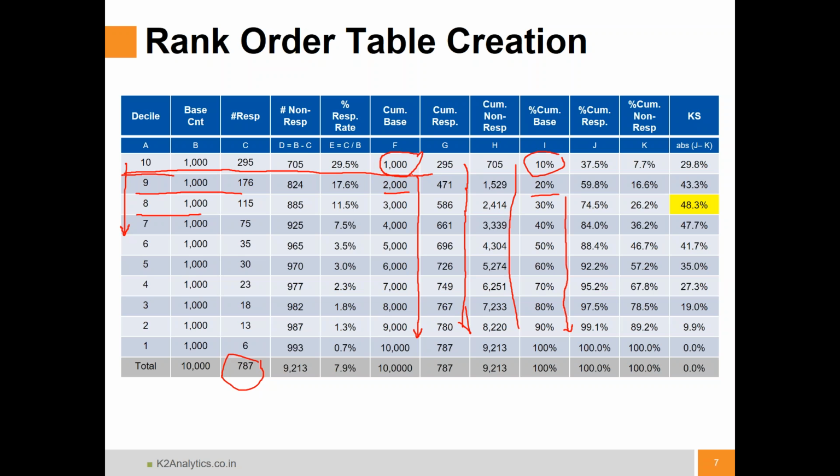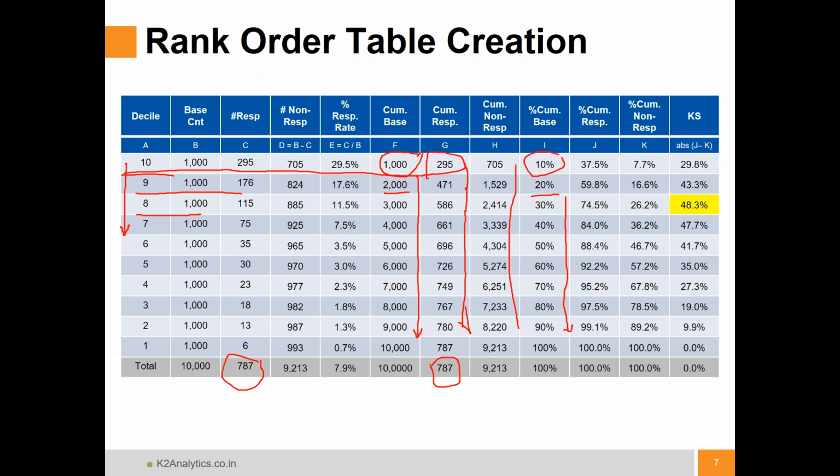Now, if I target only this decile, I get 295 customers who are responding. What percentage of potential responders am I getting? Potential responders is 295 upon 787, because if I target everyone, I'll get 787.